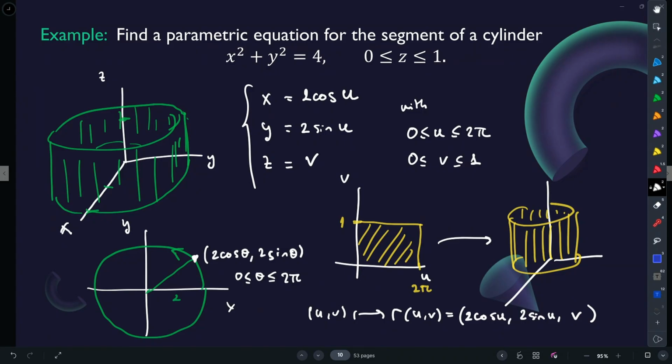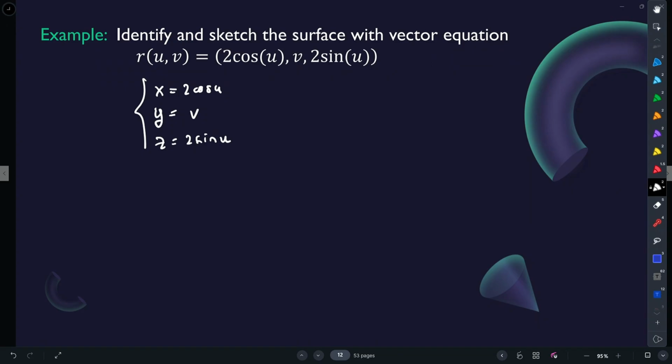Here, we started from an algebraic relation, and we used that to come up with a parameterization. Here, I have some badly written coordinates. Let me redo 2 cosine u, 2 sine u. And you want to try to find some algebraic expression that we recognize. And from this and this, you realize that x squared plus z squared is 4 cosine squared plus 4 sine squared, that is 4.